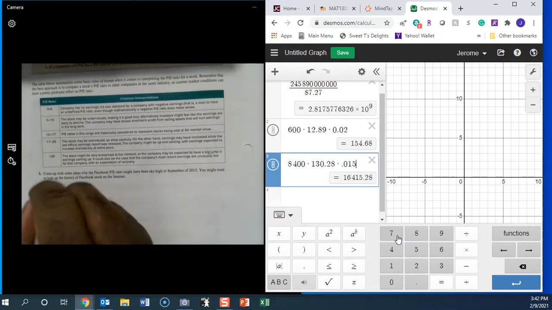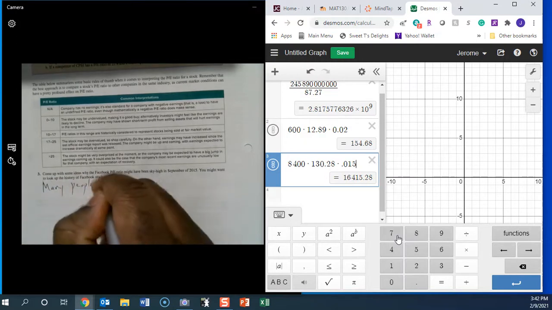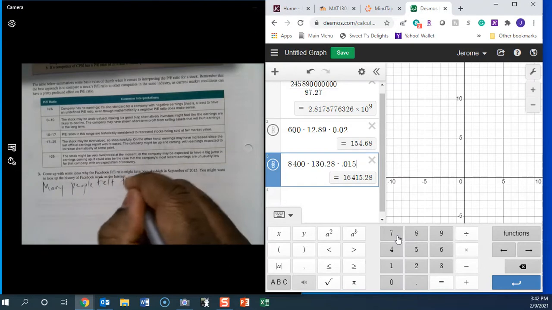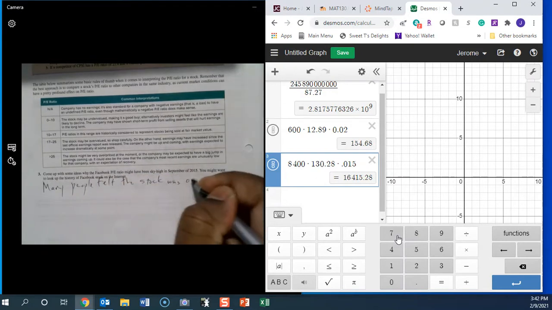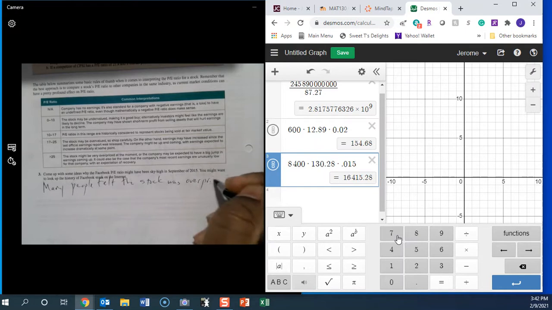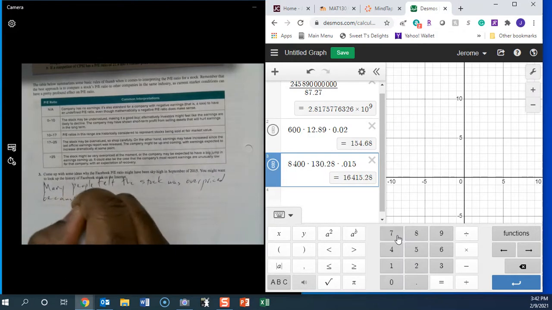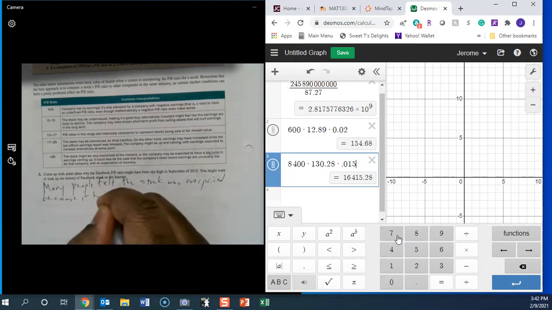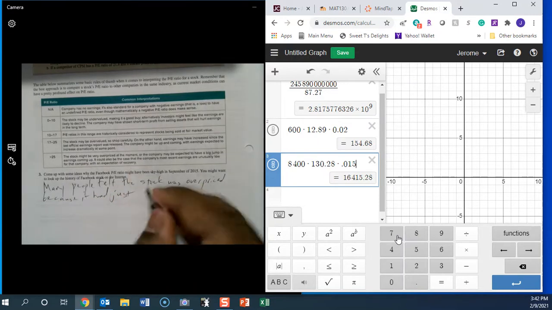Okay, now, many people felt the stock was overpriced. Because it had just gone public.